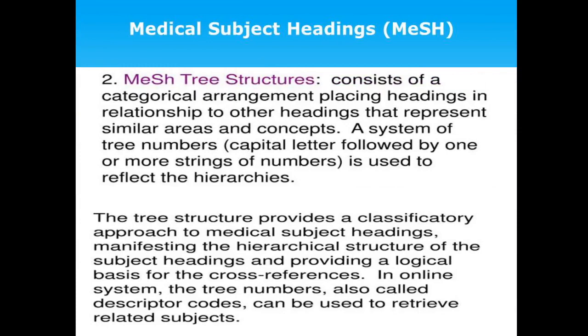It consists of a categorical arrangement placing a heading in relationship to other headings that represent similar areas and concepts. So there will be one heading and another heading which are associated based on certain relationships. For example, let us take man as one heading and woman as another heading, with a common heading for human being. You can relate them based on similarities between them.